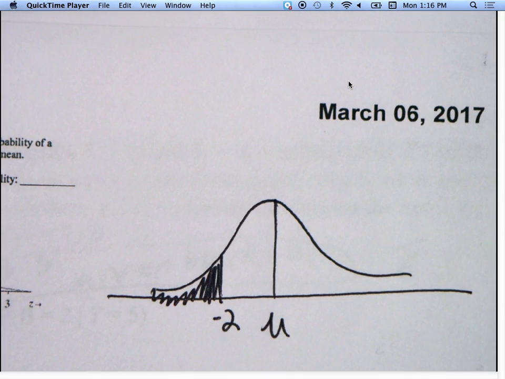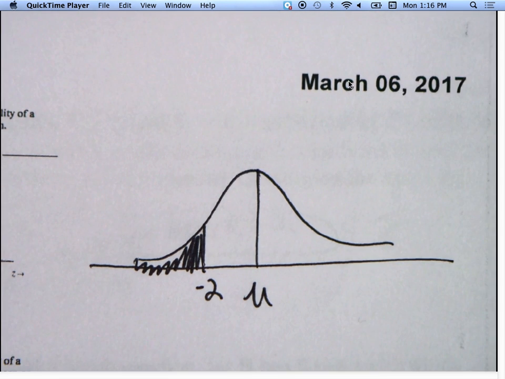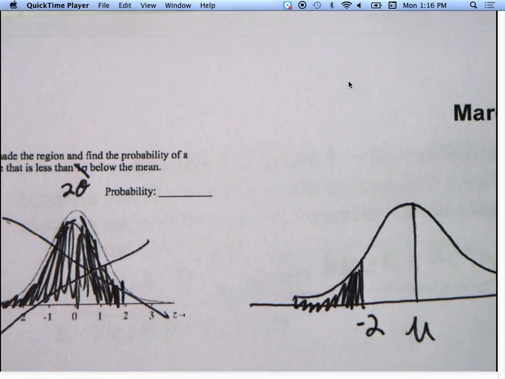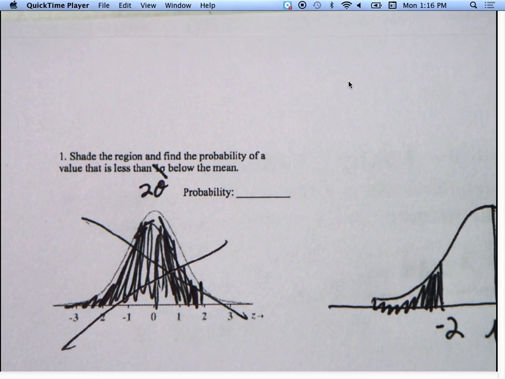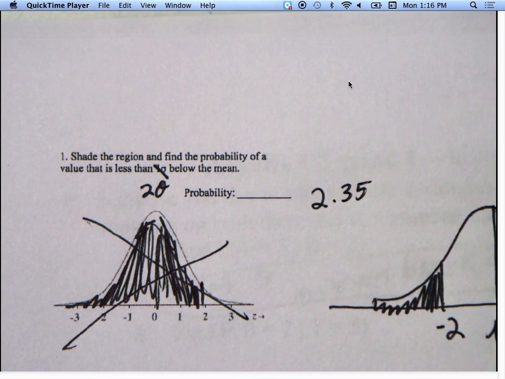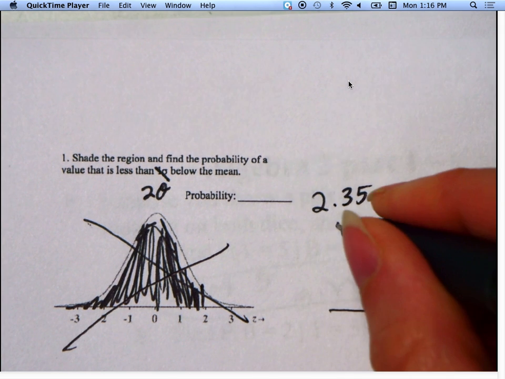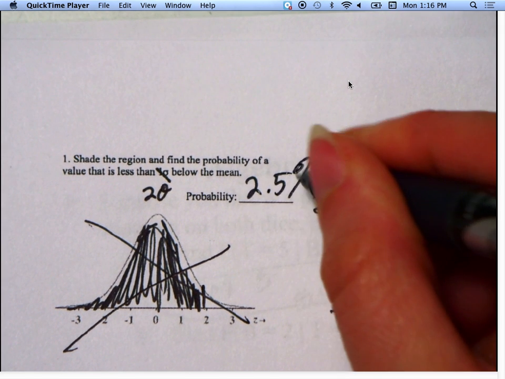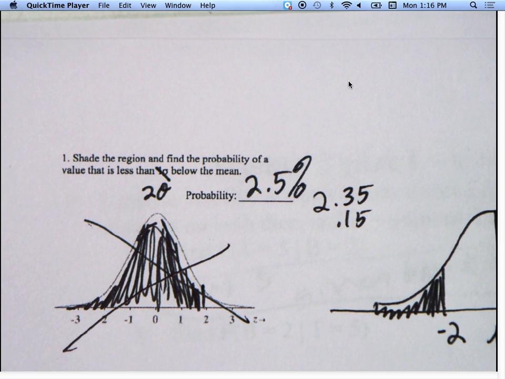Okay. So now I'm going to add up everything that's 2 below the mean. So I look at my picture on my empirical rule handout, and it's 2.35 and 0.15, which gives me 2.5%, correct? 2.5%.